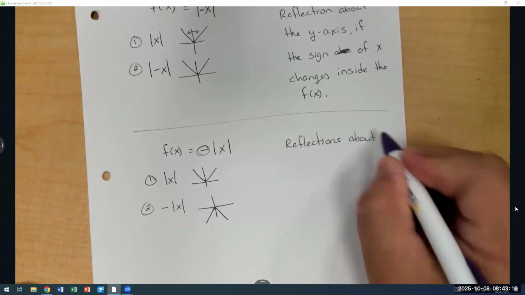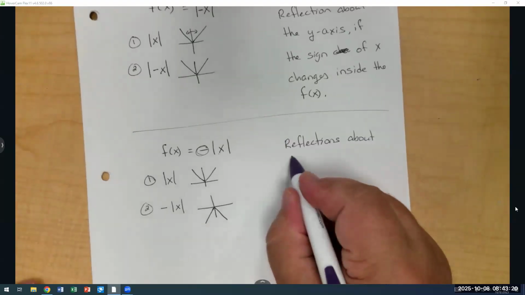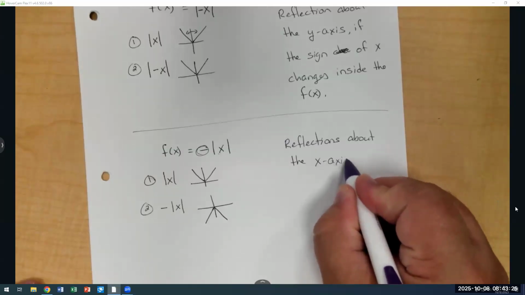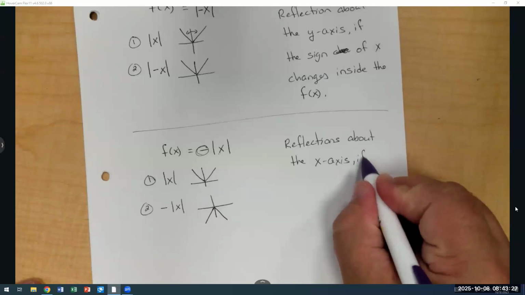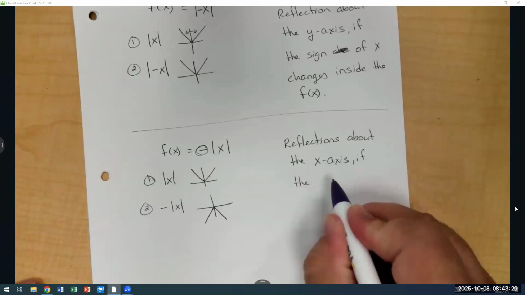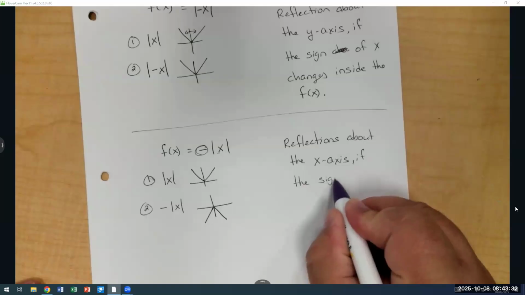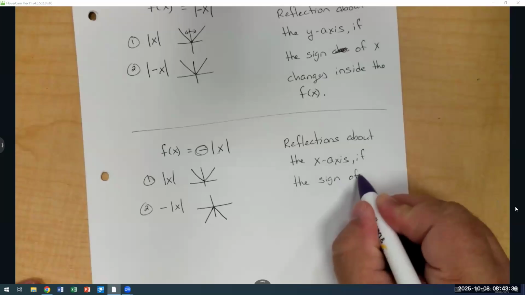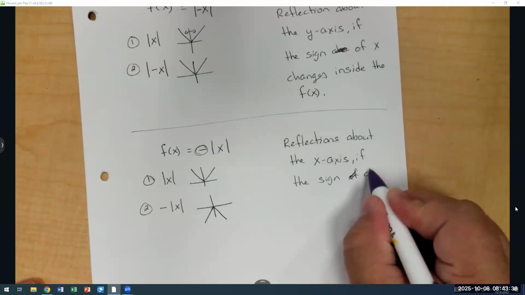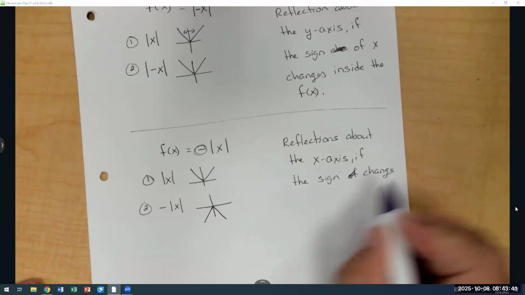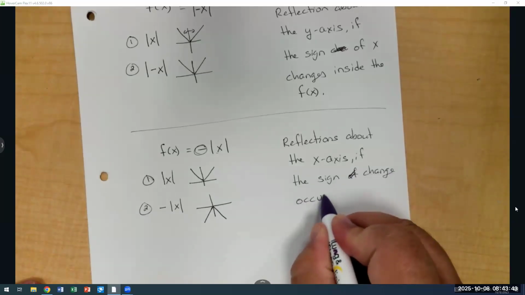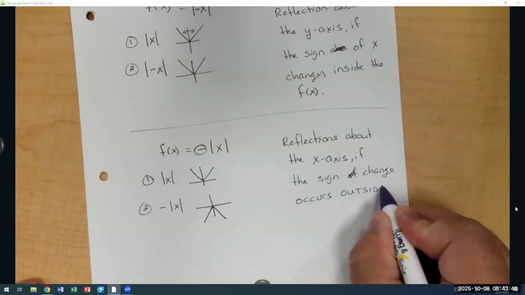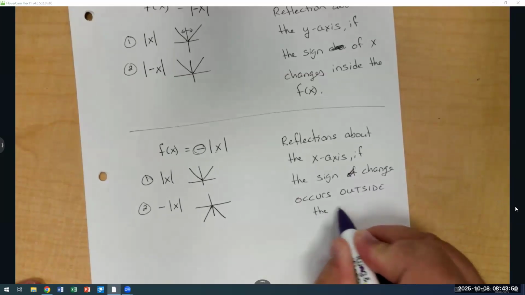Reflections about the x-axis if the sign change occurs outside the function.